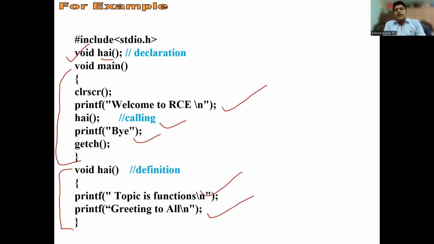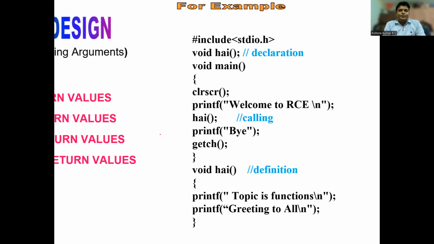So this is what we are going to see when we execute in any C IDE platform, or Turbo C or Putty software or any other online compiler. If you execute this program, it will print the result as welcome to RCE, topic is functions, greetings to all, and then last bye. That means whenever the called function is over, it returns to the main function.